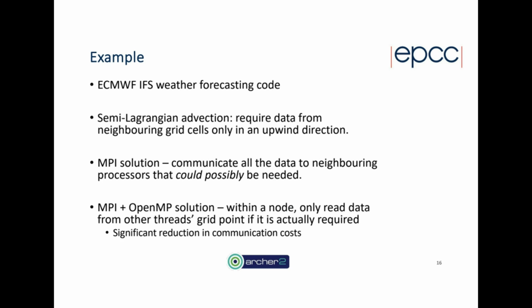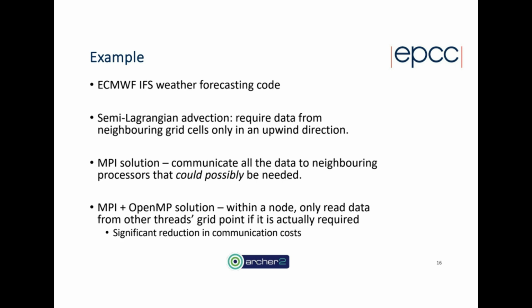It uses a numerical technique for solving the fluid dynamics part of the problem, called semi-Lagrangian advection. It's a numerical scheme for CFD, but it has this property where you require data from neighboring grid cells only in an upwind direction.